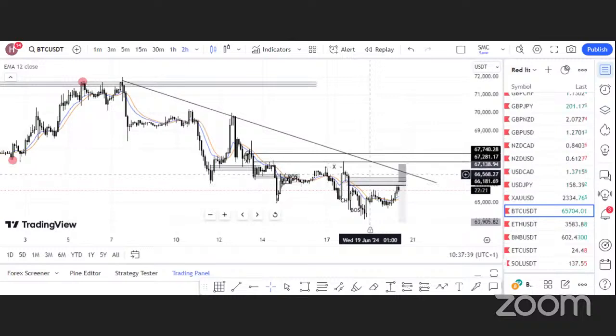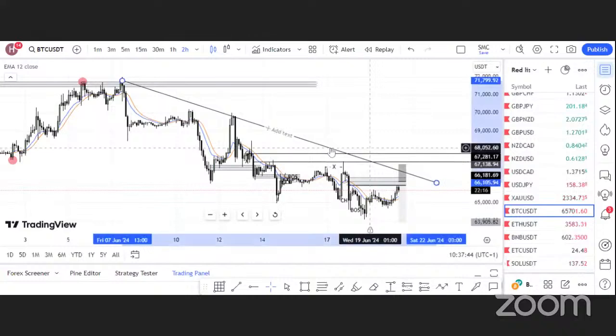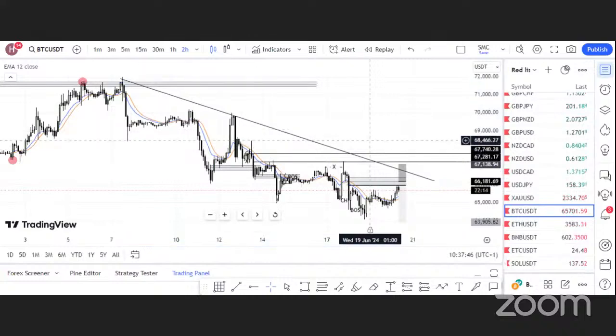This is supposed to be an entry confirmation, because on this level we also have our other block, which is this candle right here.